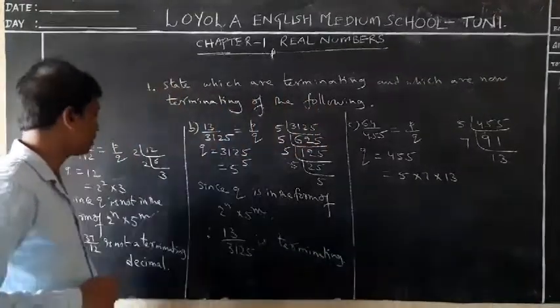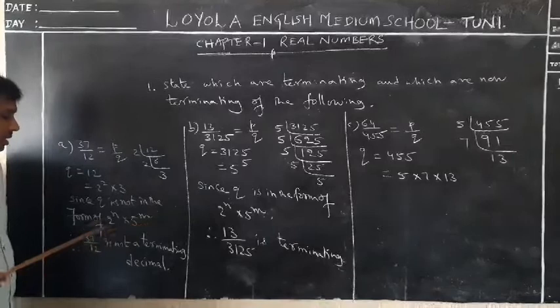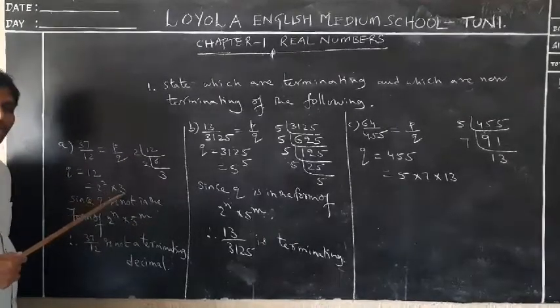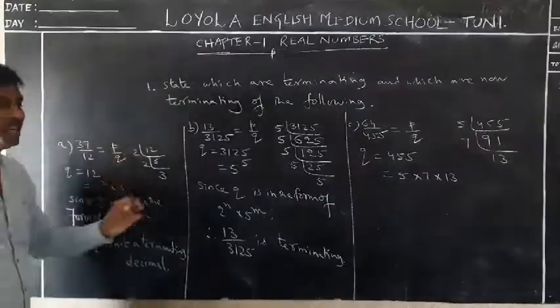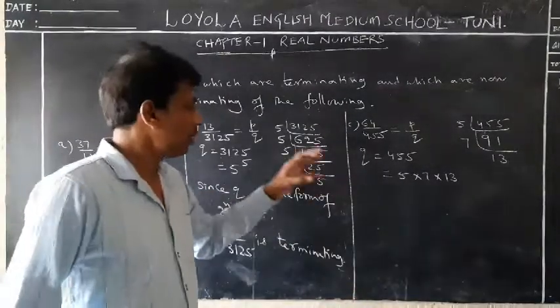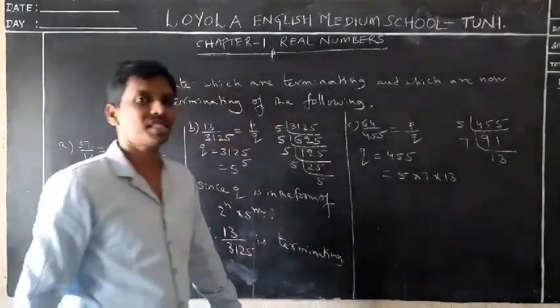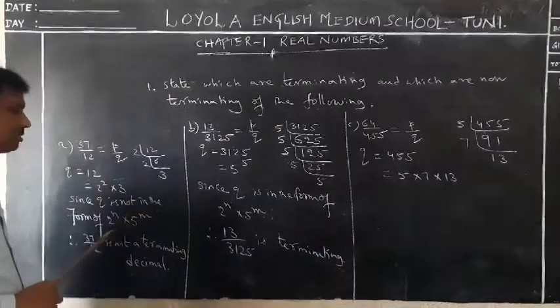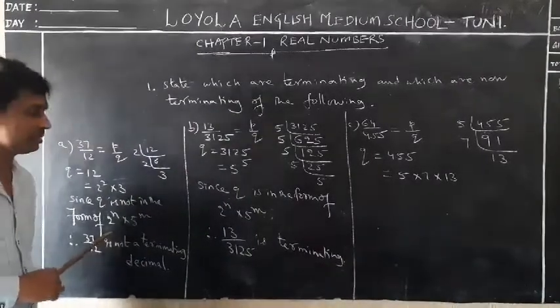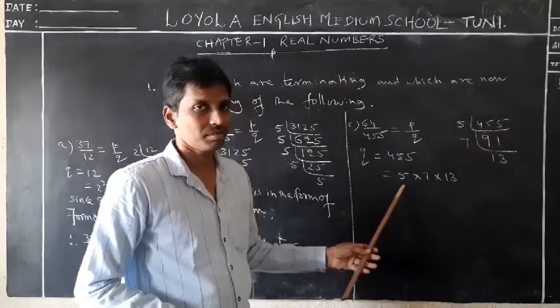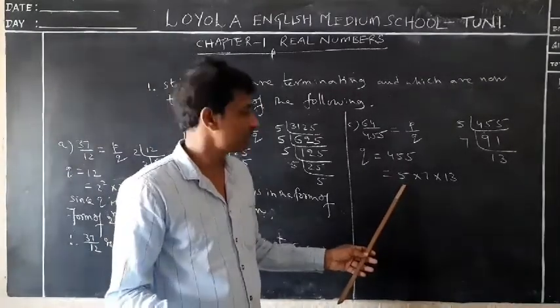Let us go through the first sum. Here, along with the 2 power, we get 3 also. So unless 2 and 5, if any one of the numbers is present under the product of prime factors, it is clear it is not terminating. Okay, here 5 is present. Of course 2 was absent.